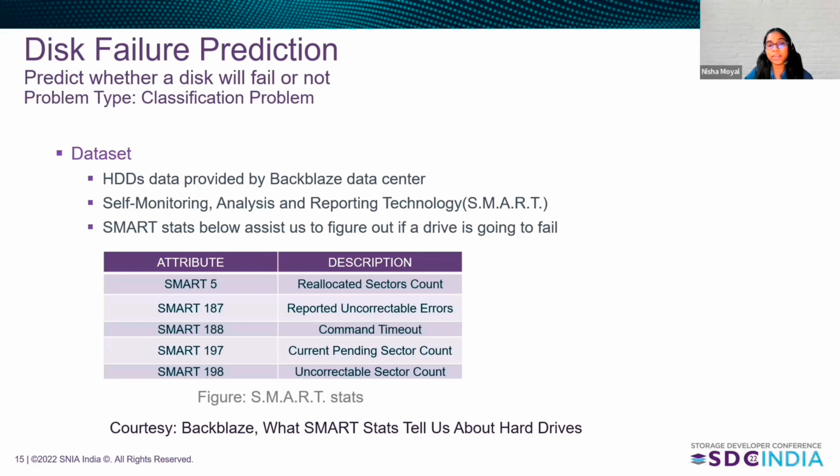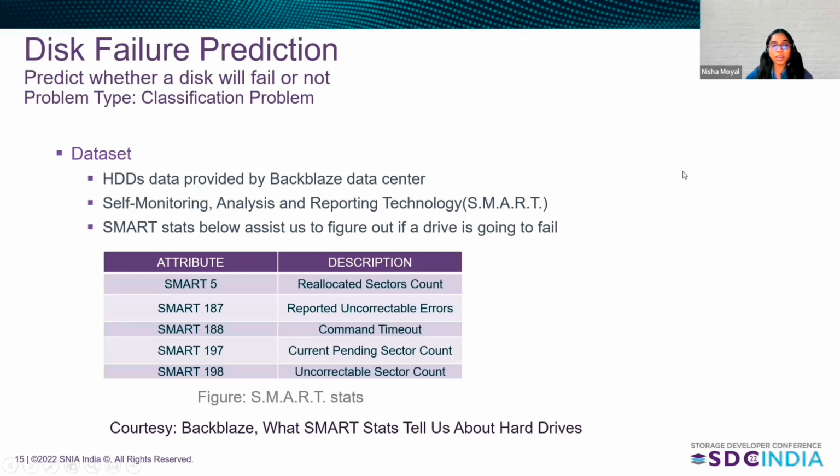This helps us determine when disk failure becomes more frequent, and these stats also detect and report various indicators of drive reliability. There are almost 242 SMART stats which Backblaze is collecting. Among those, the listed 5 we are using for predicting whether a disk is going to fail or not.